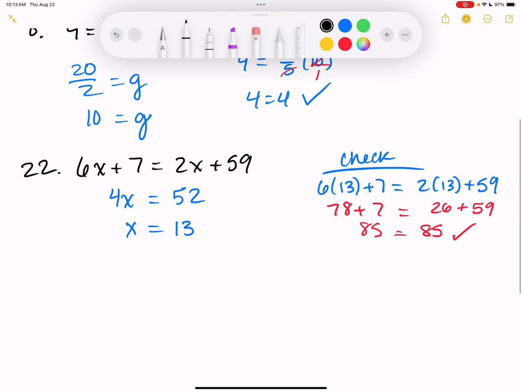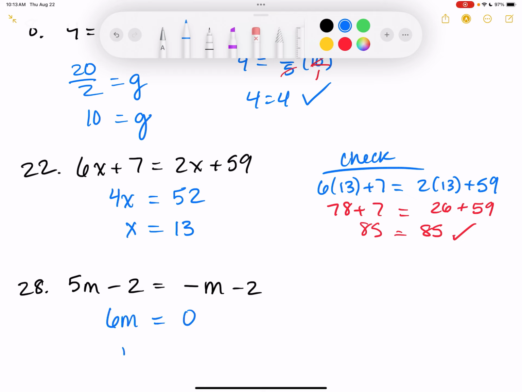28. 5m minus 2 equals negative m minus 2. So I'm moving variables to the left, numbers to the right. 6m equals 0.